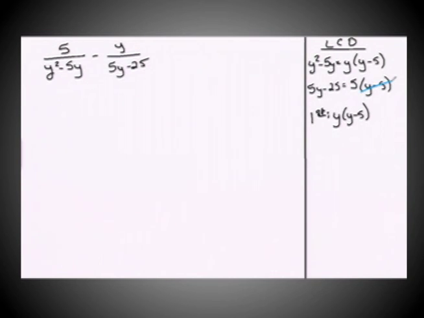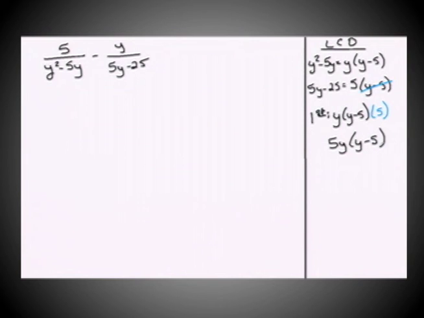So we've already got a y minus 5, so we don't need that, but we do need an extra factor of 5. So our LCD for this problem is, we'll actually put the 5 out front just to keep it in good form, 5y times y minus 5. So we have 3 factors there, 5, y and y minus 5.